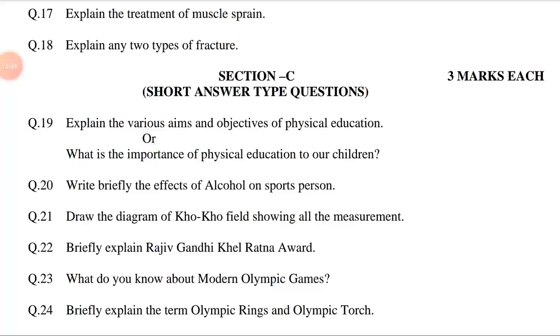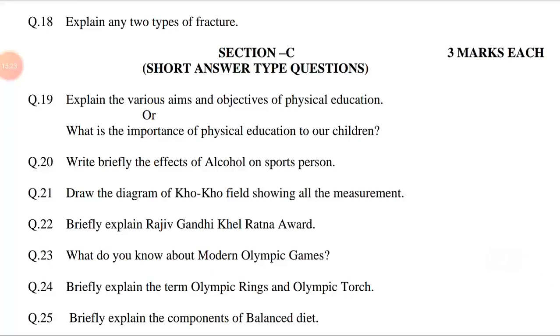Second, your doctor may also prescribe physical therapy to help strengthen the muscles and restore movement. Third, in very severe cases, surgery may be required to repair the muscle. Fourth, the main treatment for all sprains is rest, ice, compression, and elevation, etc.